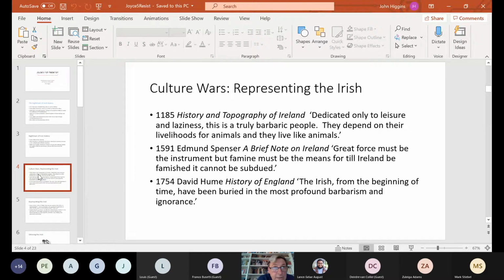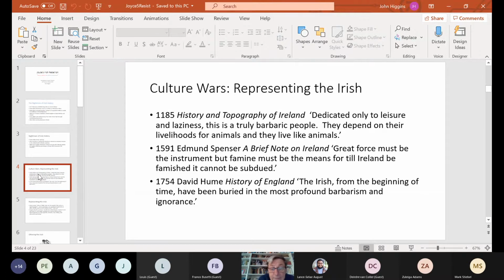So insisting really on a policy of negligence, of an attack on farming, on the starving of the Irish people, which really anticipated the terrible events of the 19th century and the Great Famine after the potato blight, which killed so many Irish.